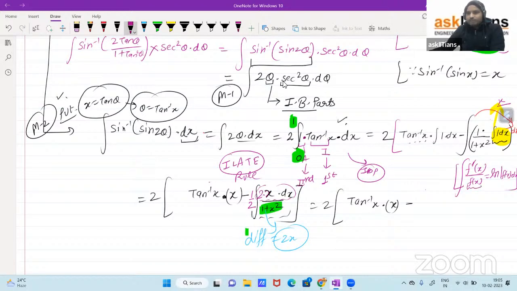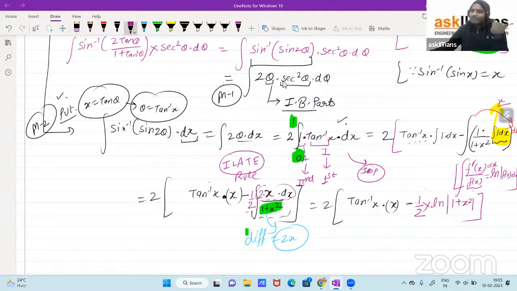Whenever the differentiation of the denominator is sitting in the numerator, the integration of that will be ln of the denominator function with the mod. So this will be equal to 1 by 2 as it is, into ln of the denominator function, which is 1 plus x square. Clear? This much you are getting.